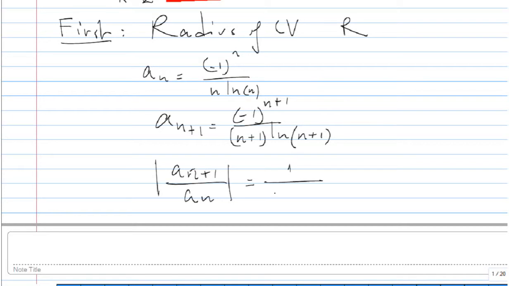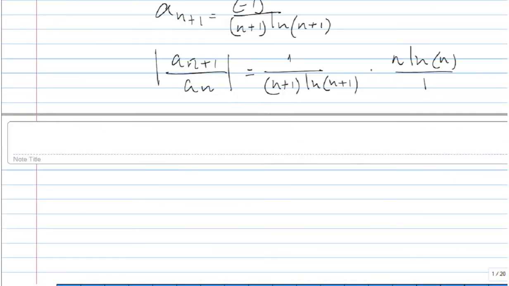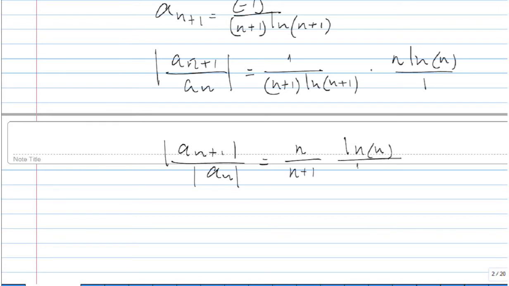So we will find 1 over (n+1) natural log (n+1) times n ln n over 1. So this gives me that a_(n+1) over a_n equals n over n+1 and natural log of n over natural log of n+1.